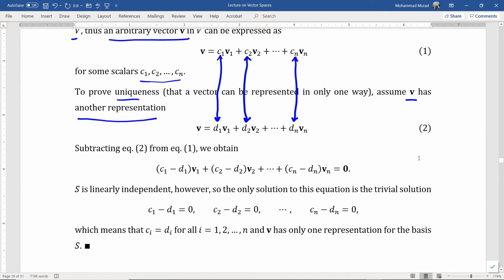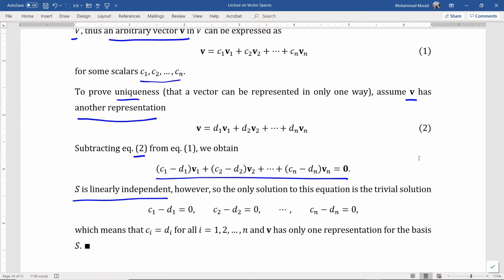To show that, we subtract equation 2 from equation 1, and we obtain this equation. Since S is linearly independent, the only solution to this equation is the trivial solution, namely the coefficients are all equal to 0.